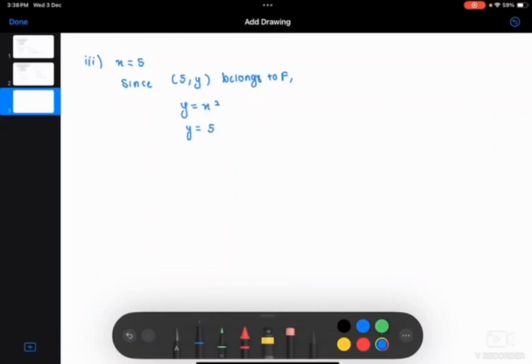So y equal to 5 square, which gives you y equal to 25. So the set C is the set whose element is 25.